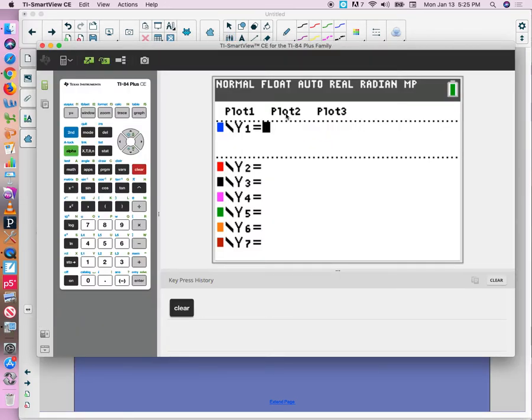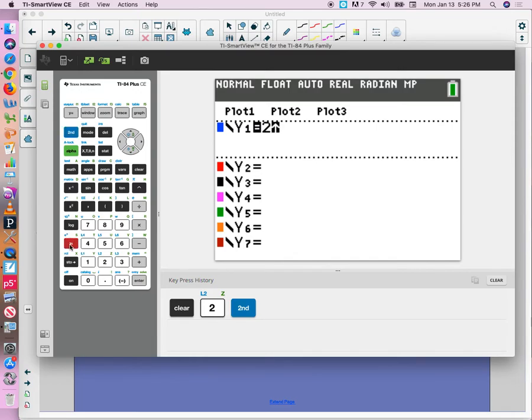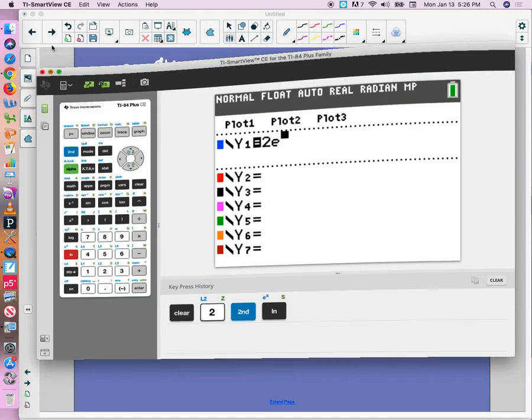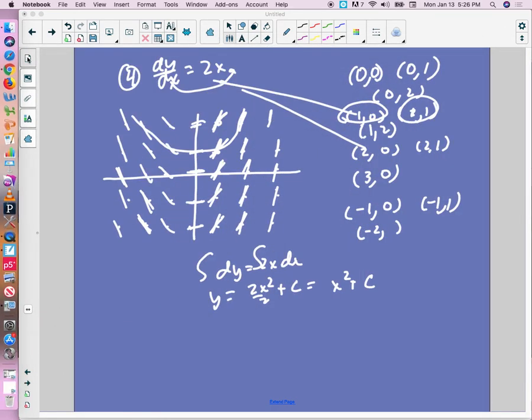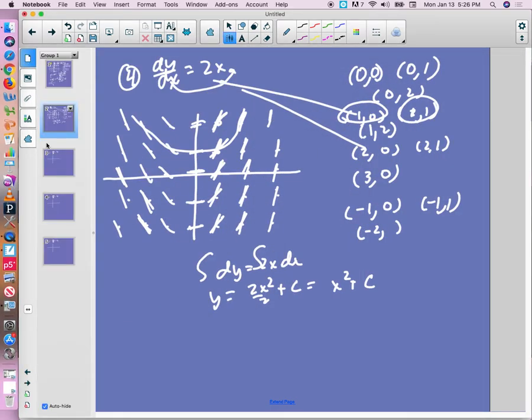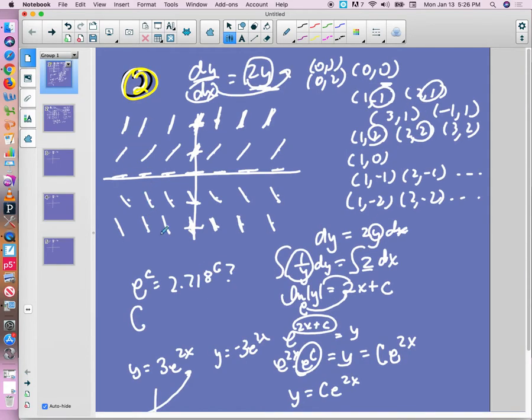Okay, so if I go back to what we had, like if I have 2e to the, I can't remember what the equation was, 2e to the, right here, e to the 2x.